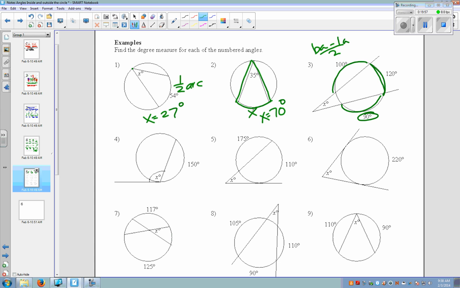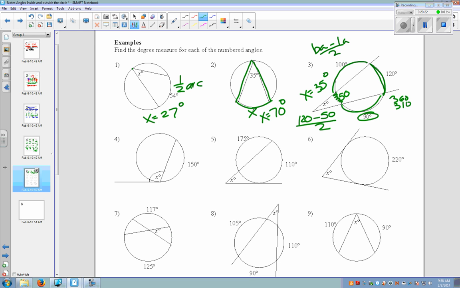So we're going to add those three up and subtract it from 360 to get this arc right here. So 100 plus 120 is 220, plus 90 is 310. When I subtract that from 360, I get 50. So that means that x is going to be 120 minus 50 divided by 2, which is 70 divided by 2, which is 35.